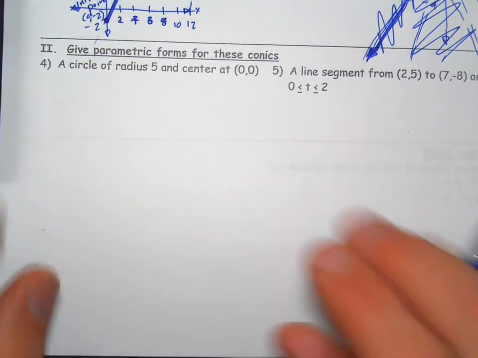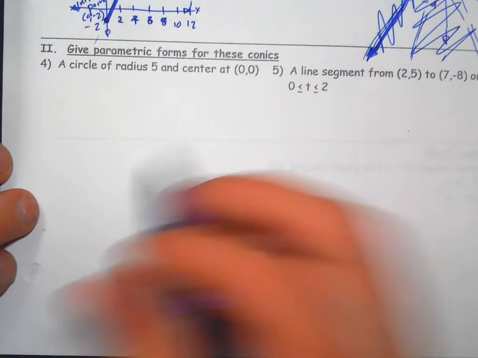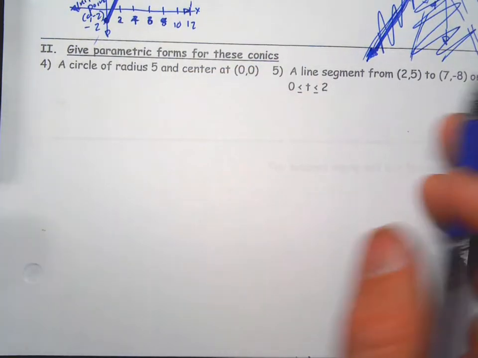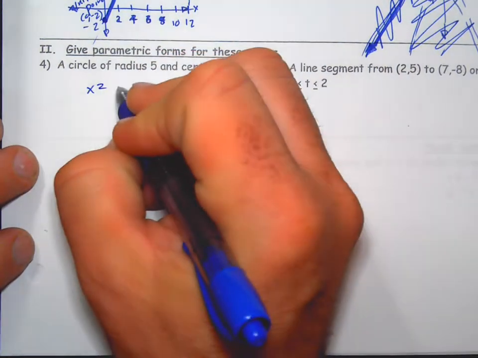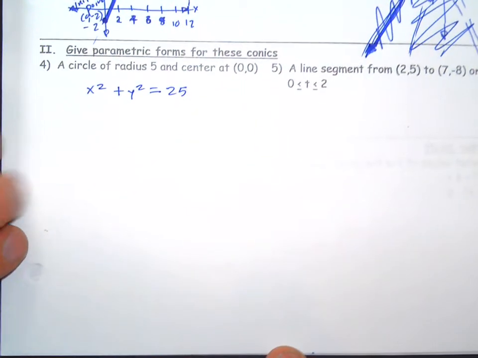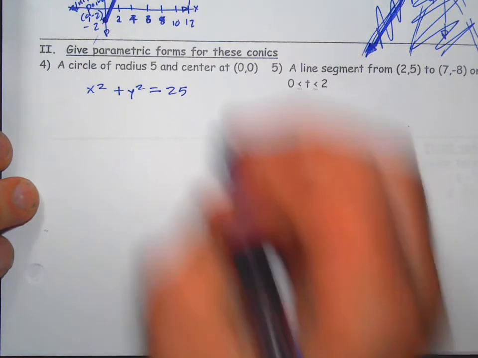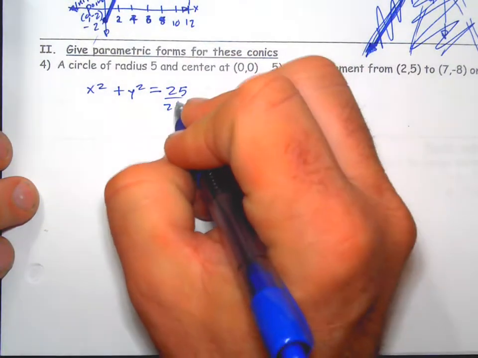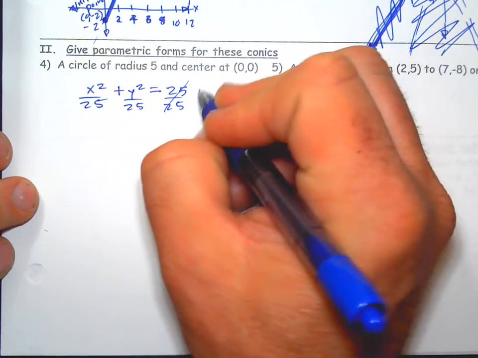Give parametric forms of these conics. Can you create the parametric equations backwards? So you're being given information about the Cartesian equation. So circle is going to be x squared plus y squared equals 25, right? I mean, that would be the Cartesian equation. So then you want to think, well, probably going to have the 25s over here because it's going to be one of those Pythagorean identities where it's equal to 1, right?